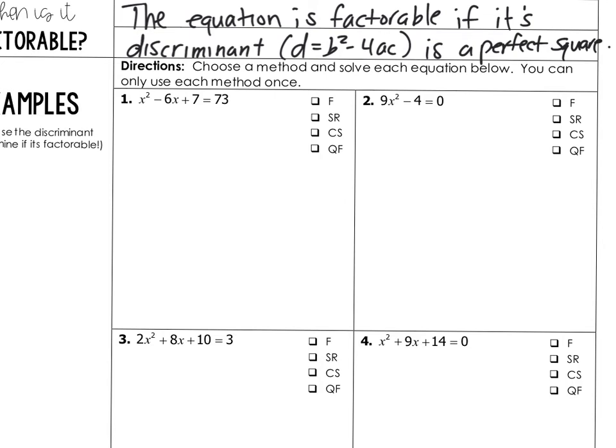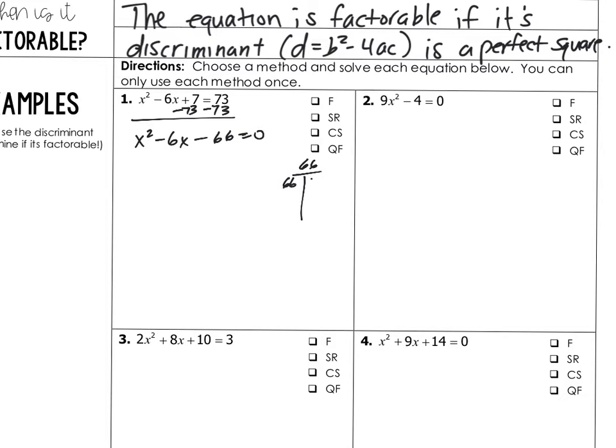All right, so number 1, let's go ahead and get it in standard form. Subtract 73. X squared minus 6x minus 66 equals 0. For this equation, factors of 66 that add up to equal 6.